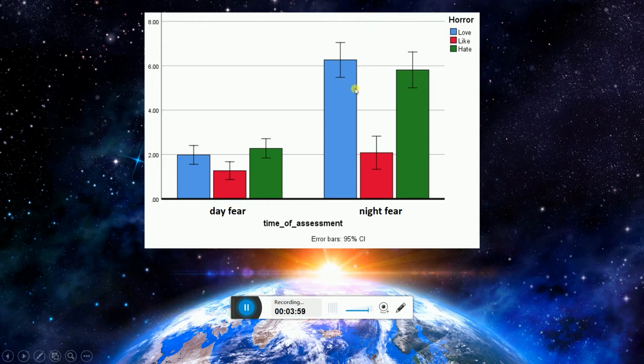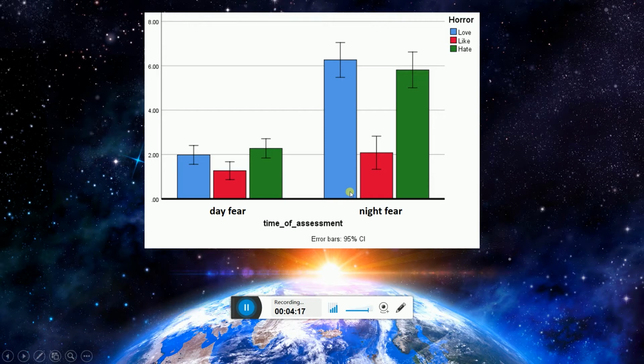They reported less fear. Now, that indicates that there's an interaction effect because what's going on between the groups during the day is very different than what's going on between the groups during the night.